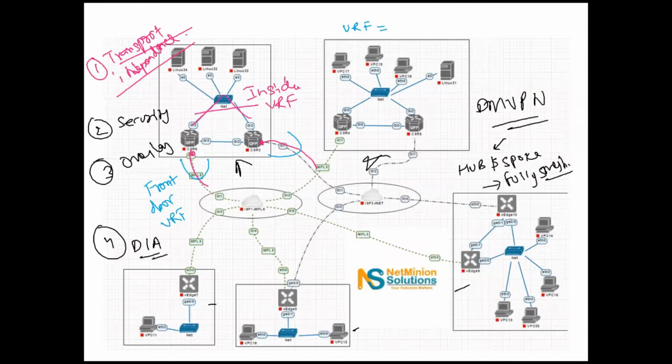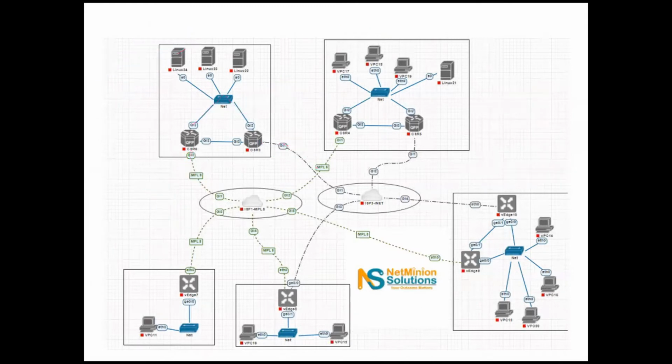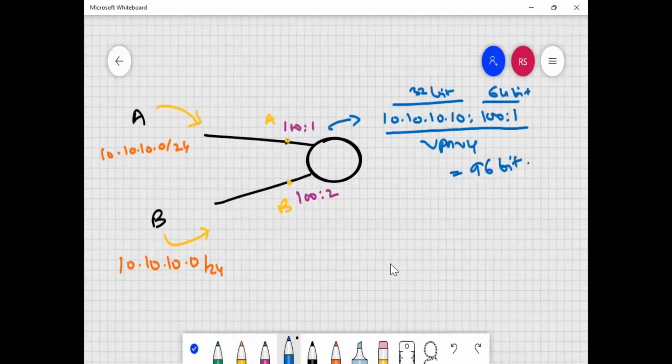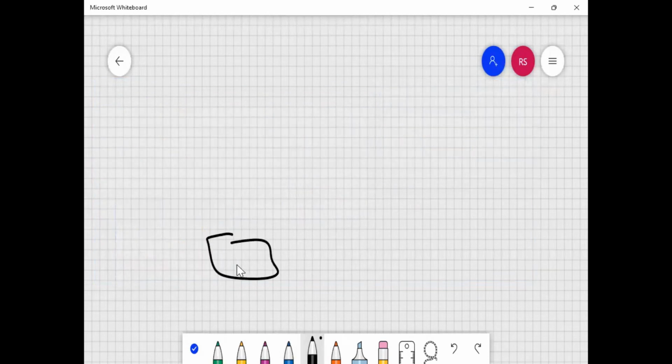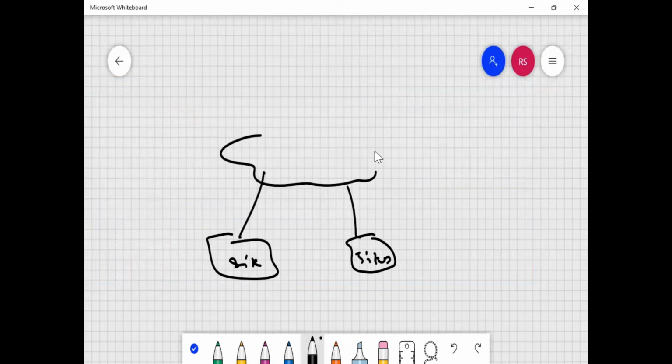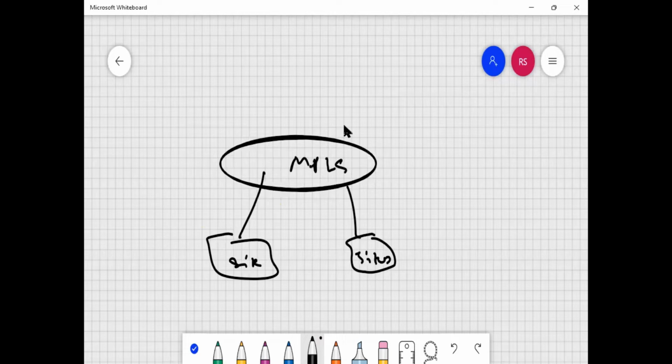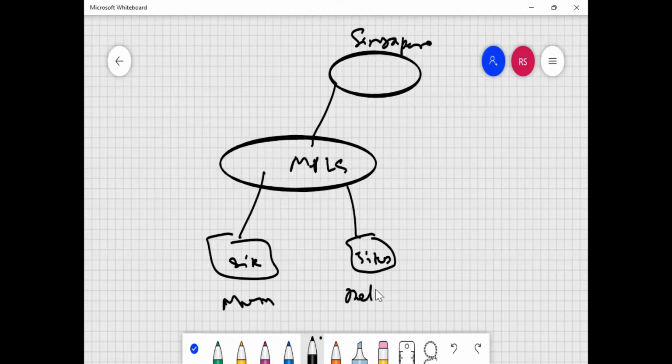Let us suppose we have the internet and the MPLS link. Let me give you one example. I have site A and site B, and for them I have only an MPLS connection. Somewhere there is a data center in Singapore, this site in Mumbai, this site in Delhi.